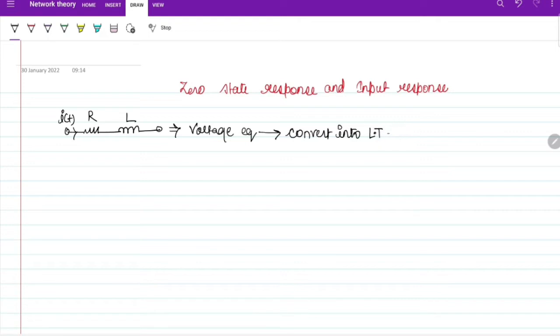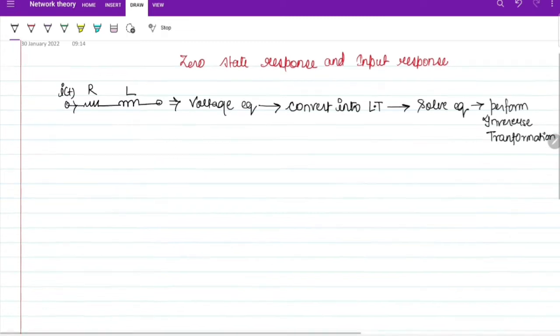Then we will solve this equation, and the last step is to perform inverse Laplace transformation, so that we will get a time function equation, right? Now this RL circuit can be any circuit. We need to find the system model.